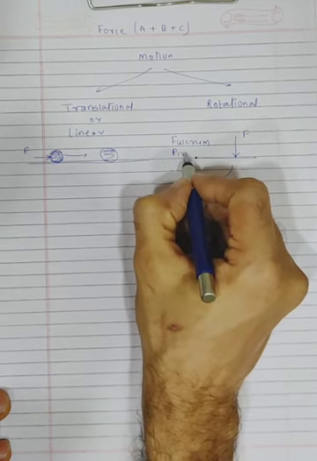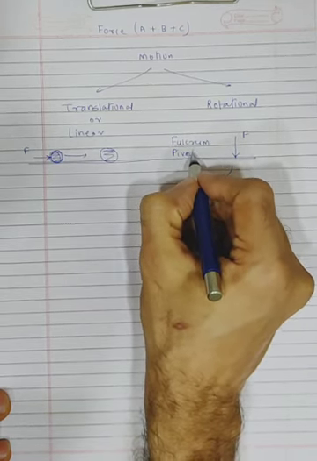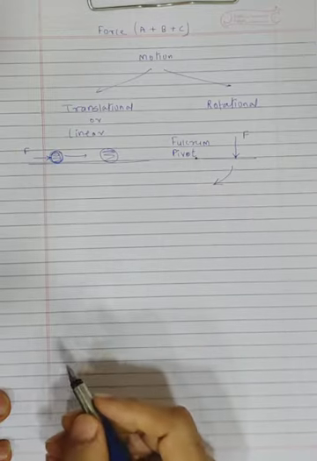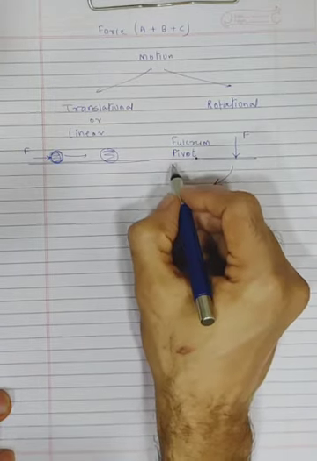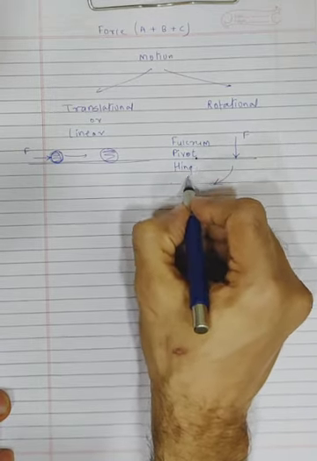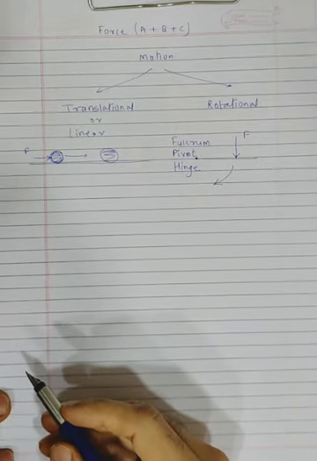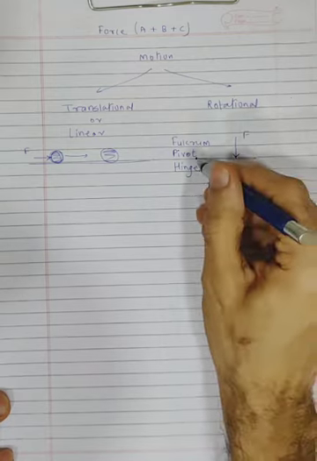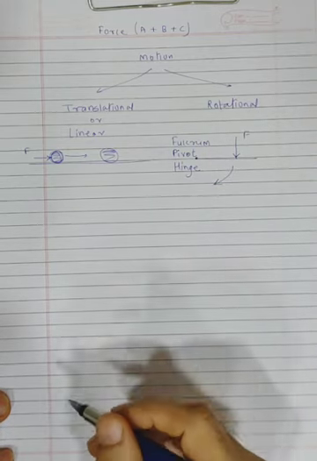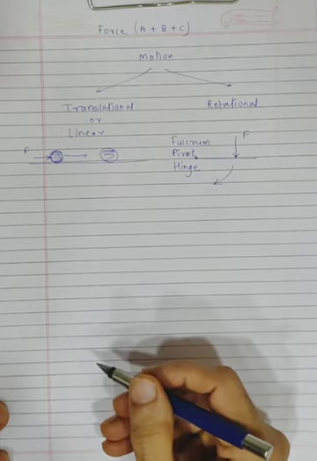To produce rotational motion, one thing which is necessary is that you need a fulcrum, which is also called a pivot, or a hinge, as we call it in doors. So there has to be one end which is fixed, and only then the body will rotate about that point. Then only it will create a rotational motion.